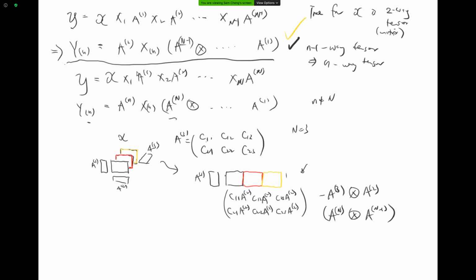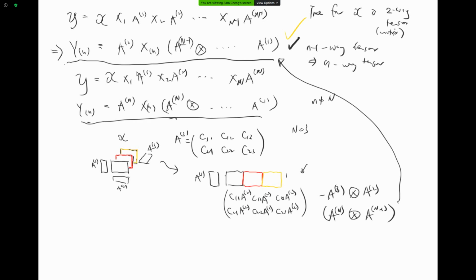Then I can apply this one, and AN minus 1 becomes AN Khatri-Rao AN minus 1 instead. Then of course this identity holds also for n equal to big N.